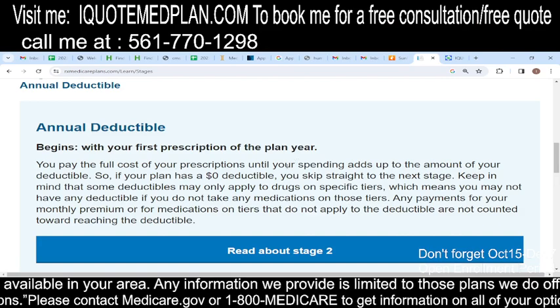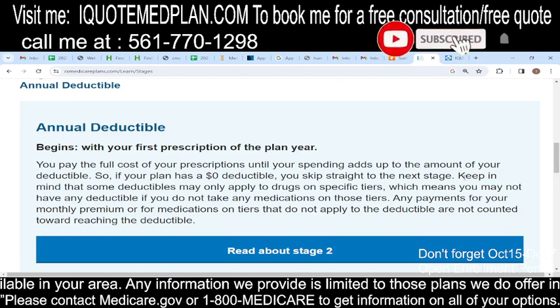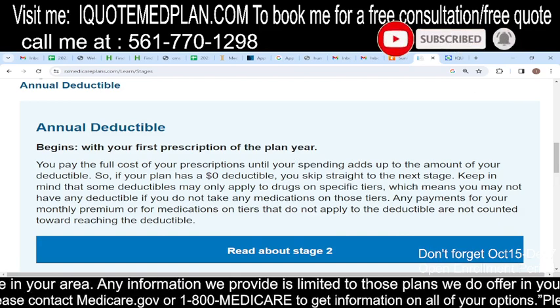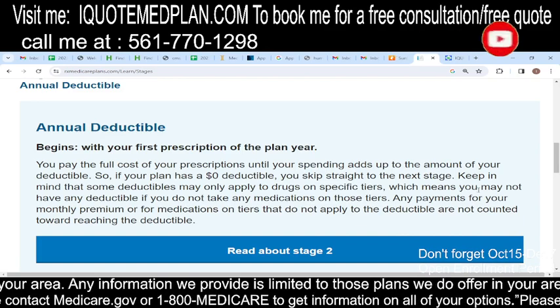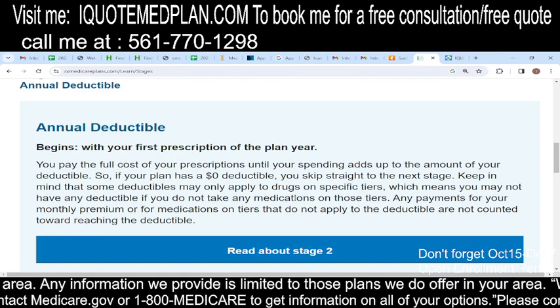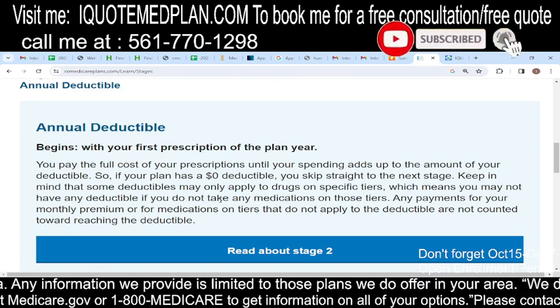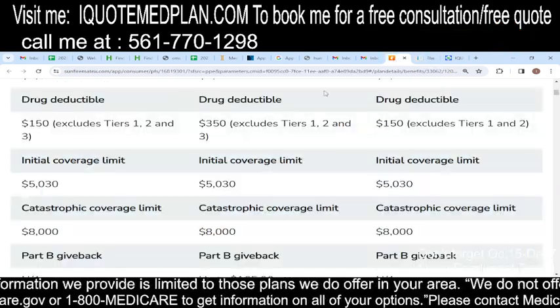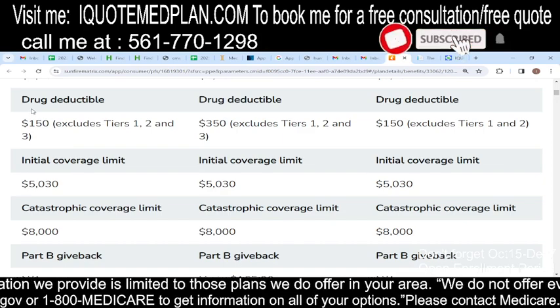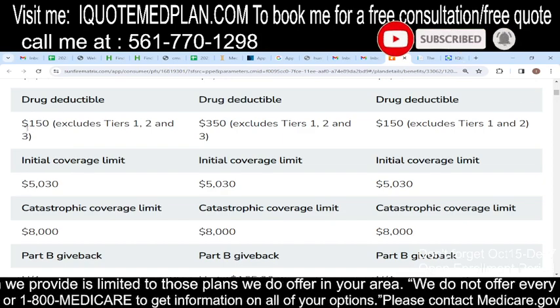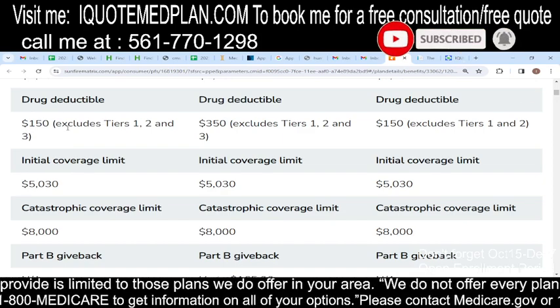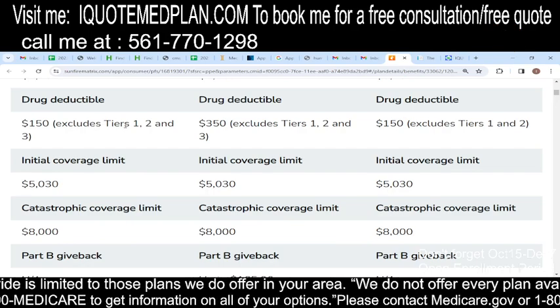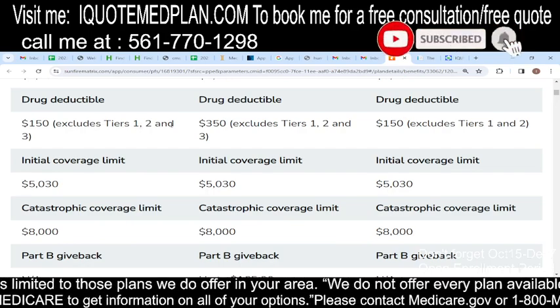So here's a great example. When I read this part here for you, it says, which means you may not have any deductible if you do not take any medication on those tiers. So that's a great example I'm going to show you. If we go back to this prescription plan, it says 150, exclude tier 1, 2, and 3.